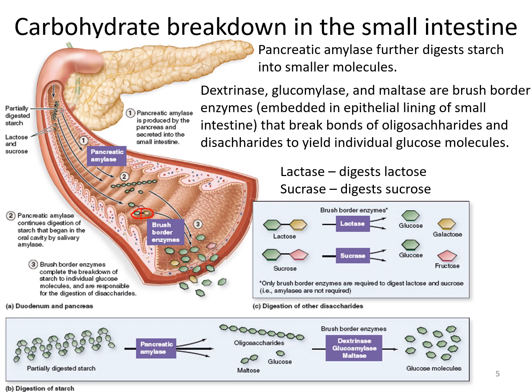Alternatively, an oligosaccharide would look something like this. It's not a super long chain, but it's a little more than a 2 or 3 carbon sugar. In that case, the brush border enzymes would come in and break the bond here, here, and here, so that you're releasing individual glucose molecules as you go.